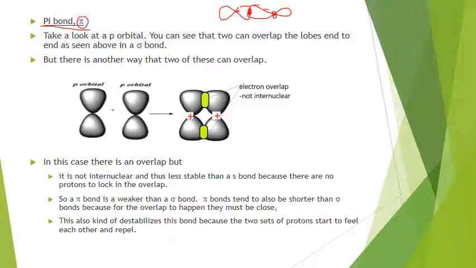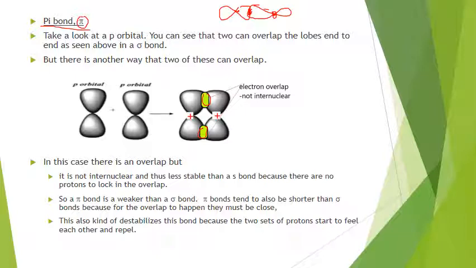Well, there's another way you can overlap the p's, where the overlap doesn't happen between the protons. So when you push these together, they'll overlap up here and overlap here. They still have an overlap, so there's still a bond, but it's not internuclear.